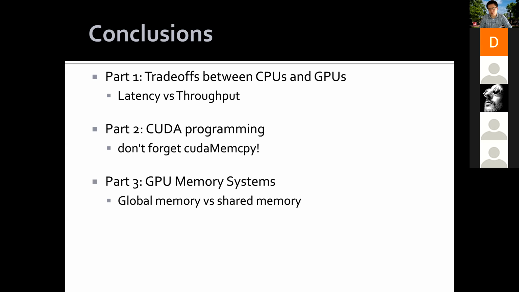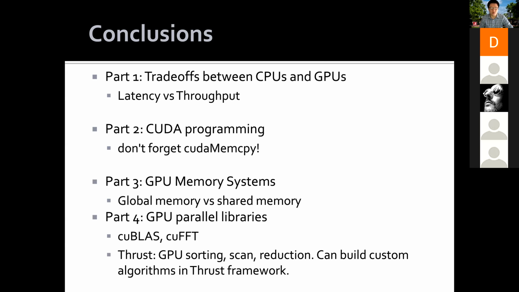And then we introduced the CUDA memory system. There is global memory versus shared memory. Then finally, we introduced some of the GPU parallel libraries, cuBLAS and cuFFT, with some basic operations. For global memory and shared memory, there are two important points you need to understand. One is memory coalescing, and the other is shared memory bank conflict.